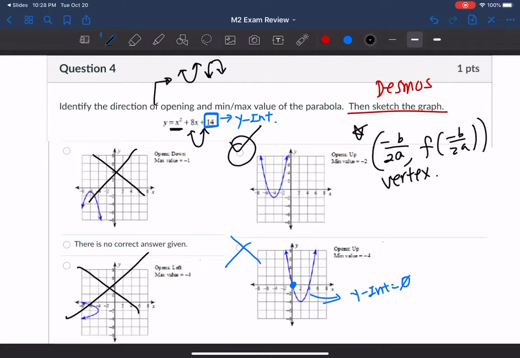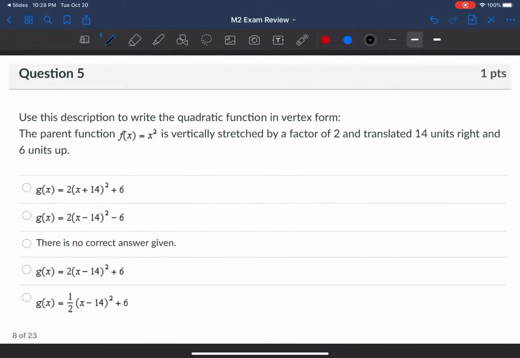Okay. Question number 5. This one is about transformations. You have a parent function f of x equals x squared, and a vertical stretch by a factor of 2. That's my first transformation, right? So the first transformation is saying I have a factor of 2 with the parent function, 2x squared.